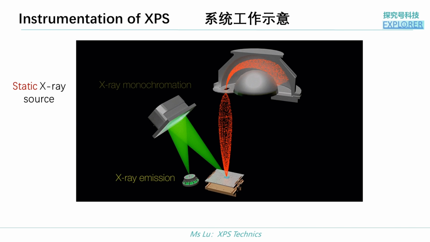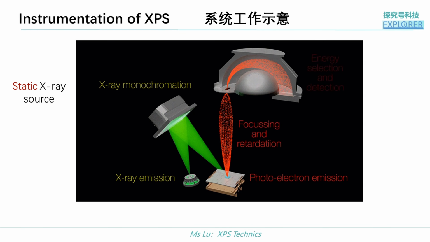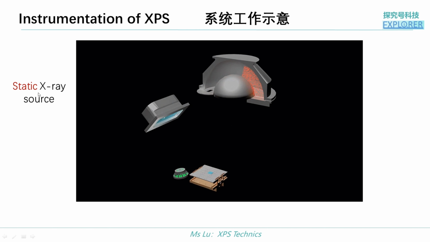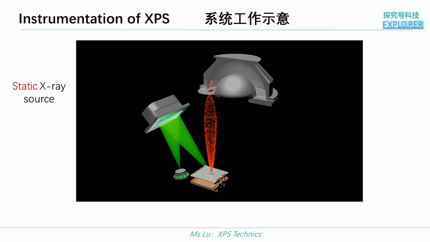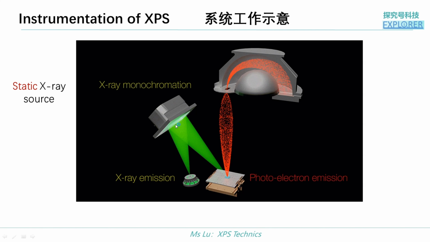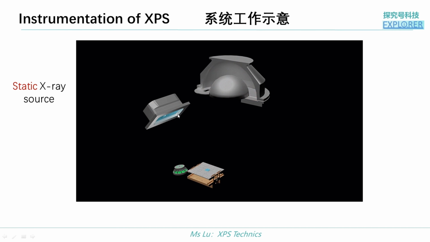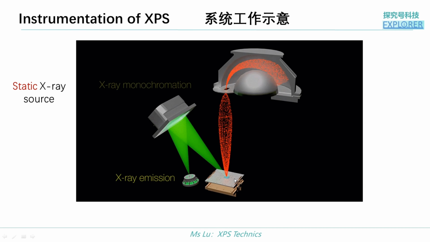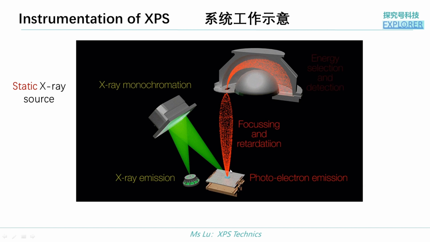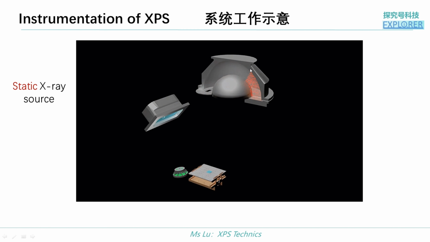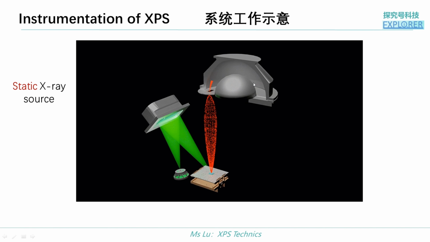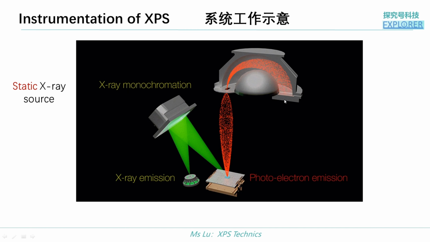Commercial XPS systems such as Kratos, Thermo Fisher, and Specs mainly use a static, large beam size X-ray source. The static source, after being monochromatized, is incident on the sample surface. The excited photoelectrons arrive at the energy analyzer and are finally collected by the detector.